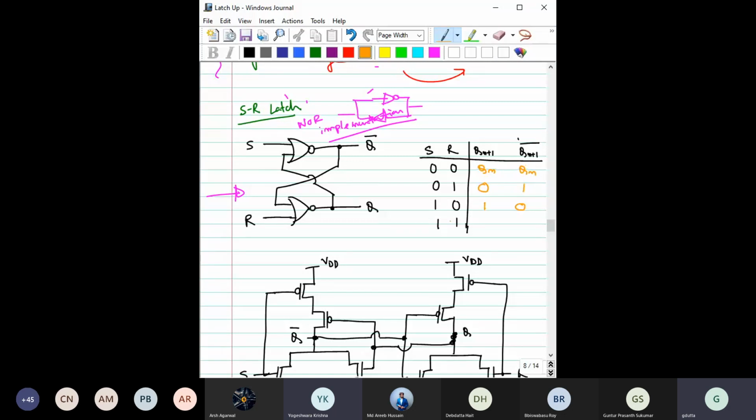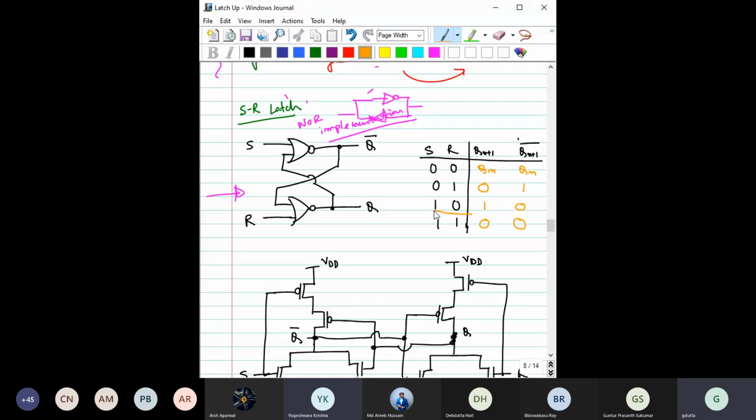What about 1, 1? That is interesting. Here is the race condition, because it depends on which one reaches first, and eventually we'll end up with both Qn plus 1 and Qn plus 1 bar equal to 0 and 0, which violates our notation that Qn plus 1 and Qn plus 1 bar should be the outputs.